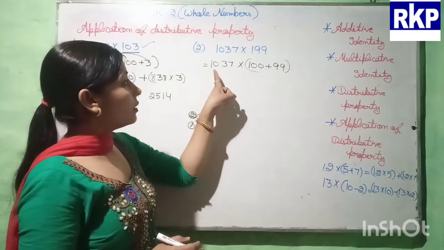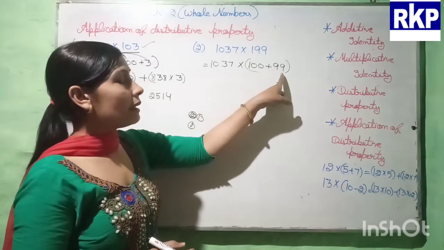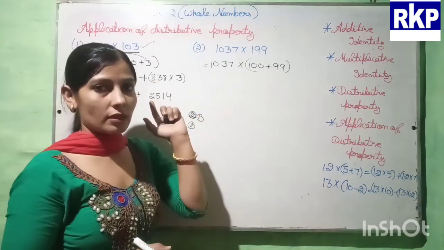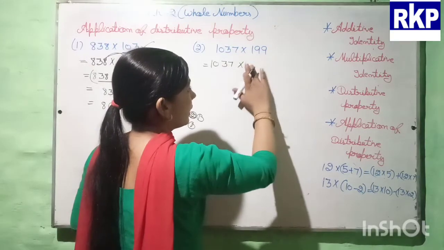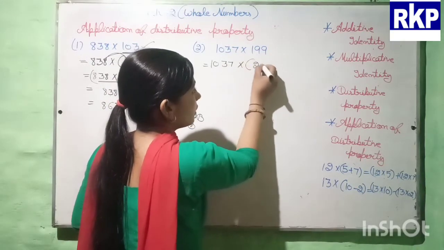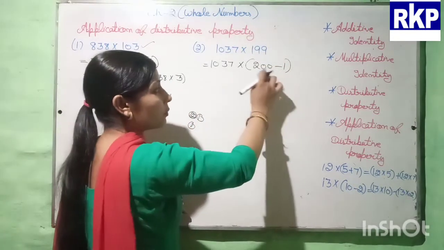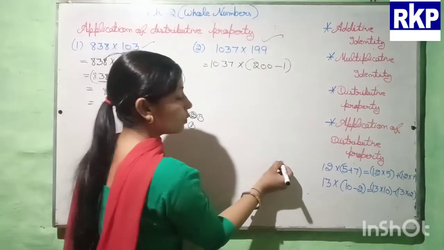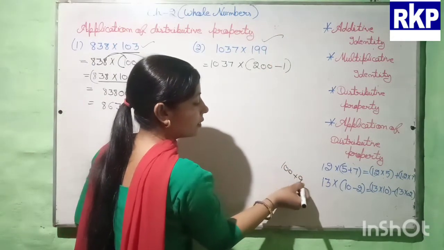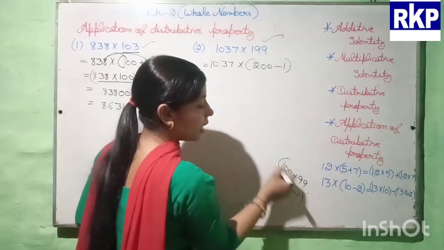But if we multiply 1037 with 99, that will not be easy. So let us change it. We can write it like this also, 200 minus 1. Because when we subtract 1 from 200, then also we will get 199. So we can write it 100 plus 99 or 200 minus 1, both are the same.